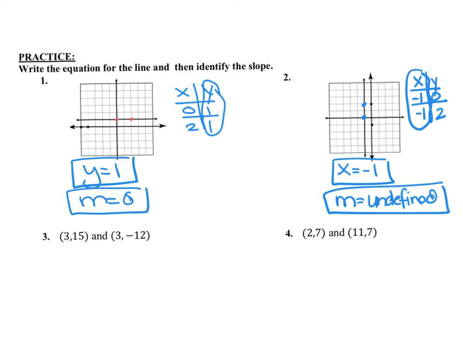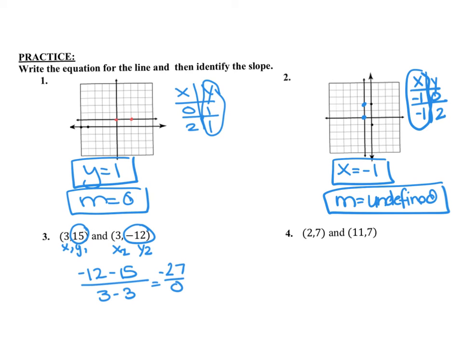All right, so now let's take a look at writing an equation for these 2 points. Again, you always have to find the slope. That's x2, y2. All right, so we're going to find the slope between negative 12 minus y of 1, which is 15, all over 3 minus 3. So you're going to have negative 27 all over 0.